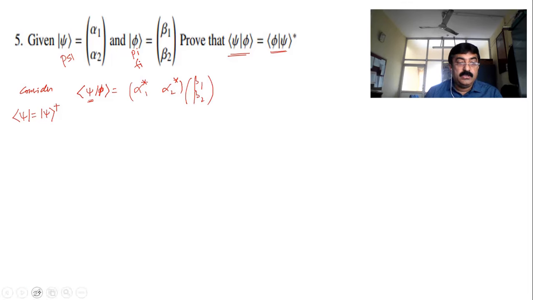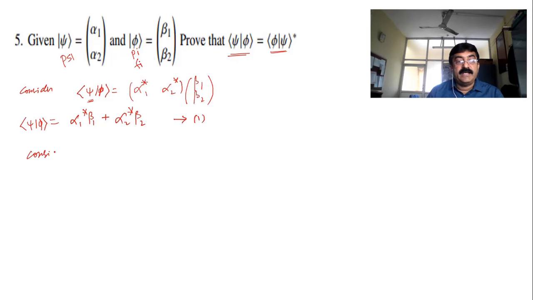I have taken only the first part of the given condition. Now let us proceed further. This is equal to alpha 1 star beta 1 plus alpha 2 star beta 2. So this is my bra psi ket phi. Call this equation number 1.